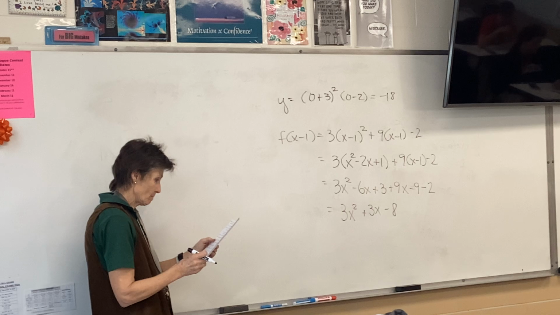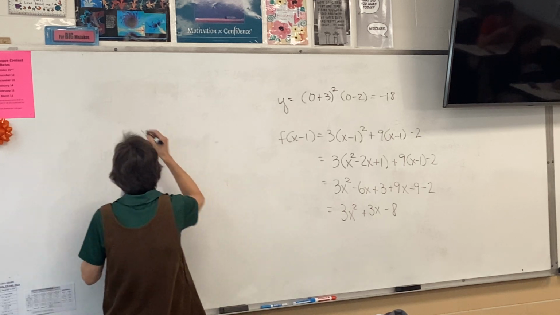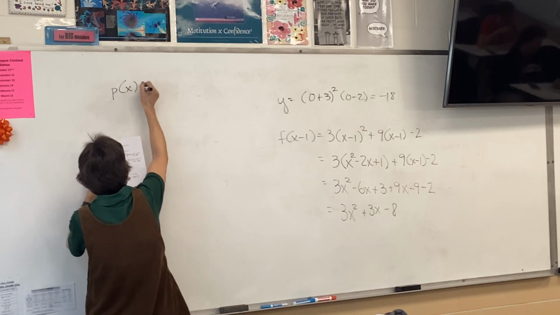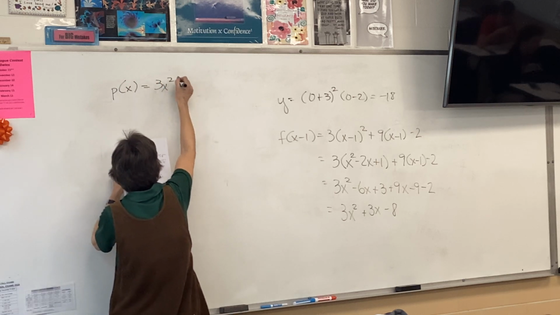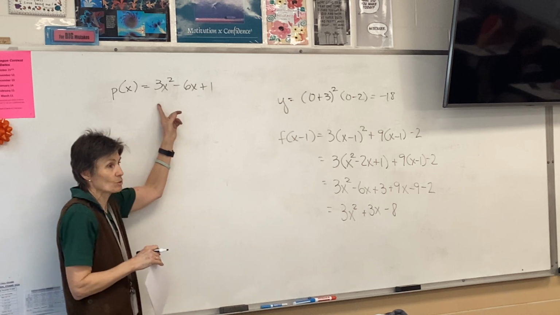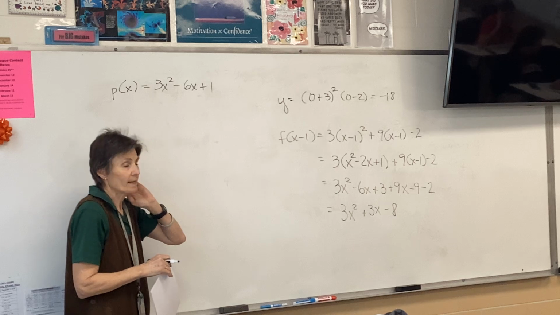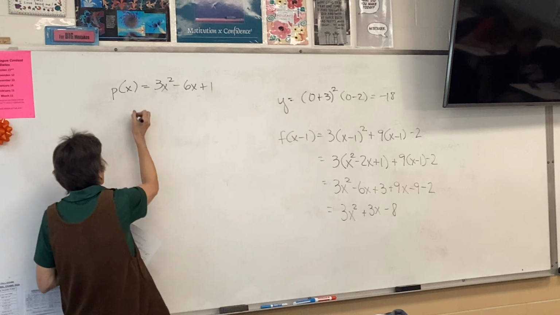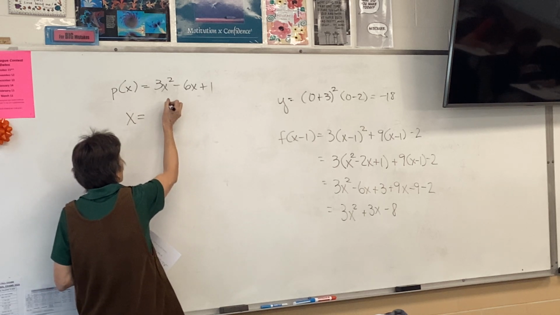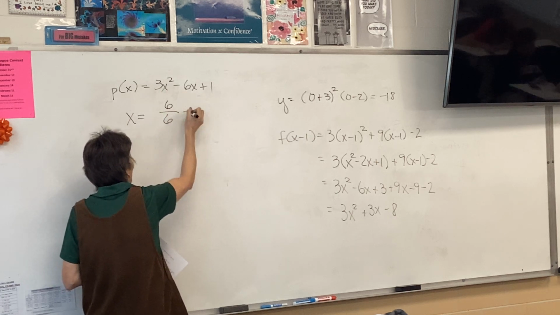Next, where are we? Find the vertex. Okay, who remembers how to find the vertex of a parabola? Remember, an x squared is a parabola? Negative b over 2a. So x equals negative b over 2a.